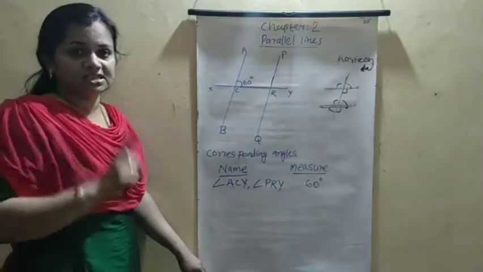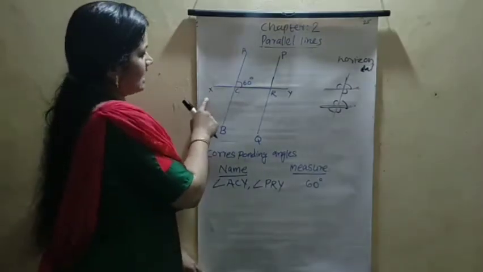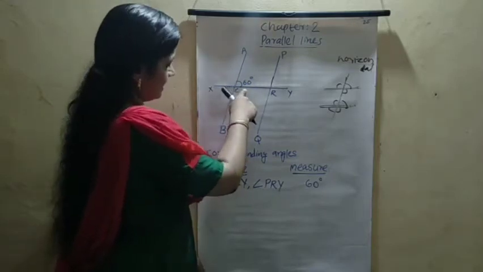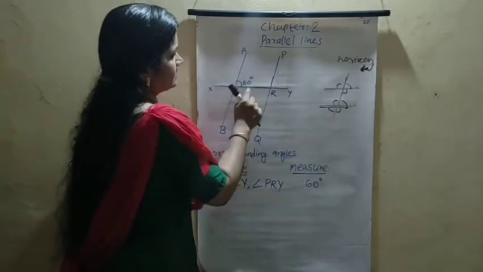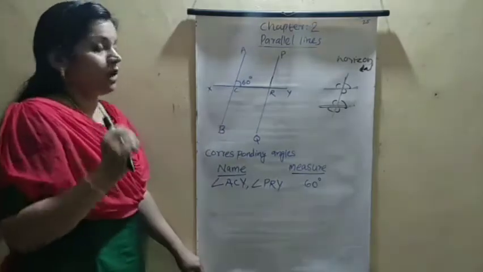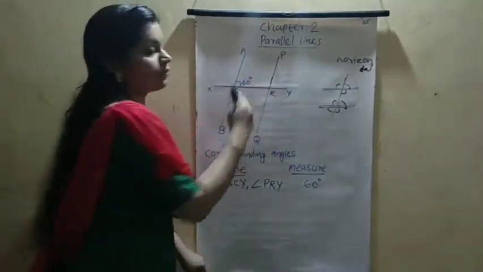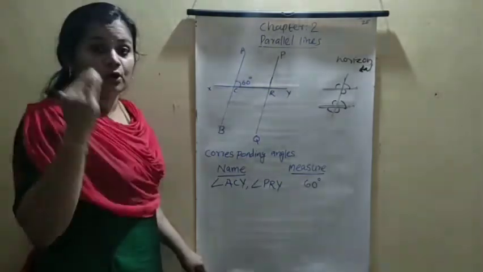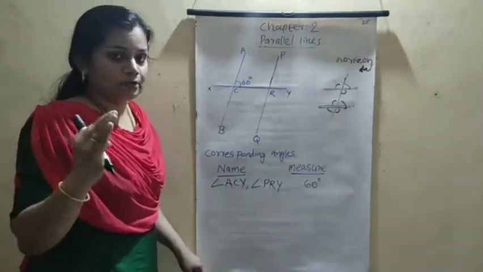Only one measurement is given, angle ACY is 60 degrees. We want to find all the measurements of this figure. How to find them? We already know that corresponding angles are in the same position.